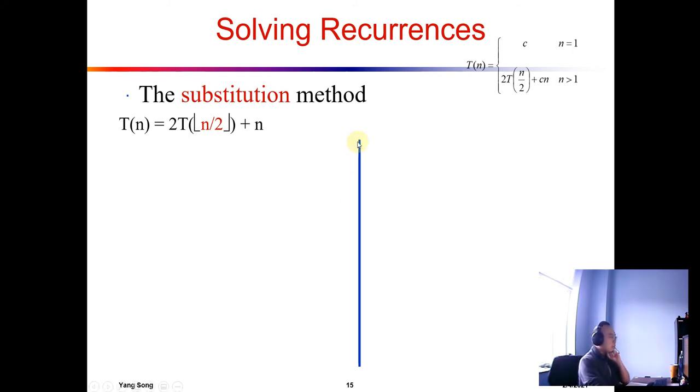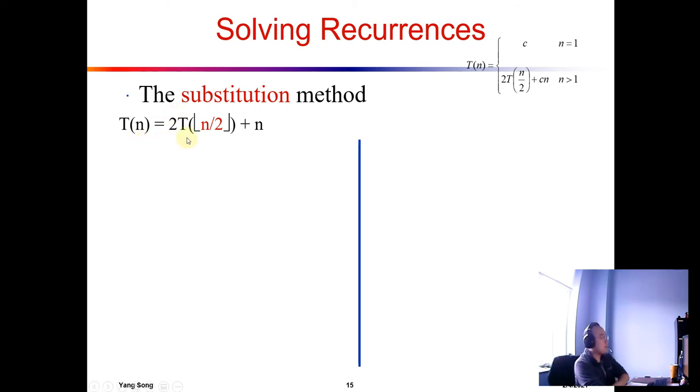Okay, so the very first thing is, we want to divide our working space into two parts. The left part is the real problem-solving part, and on the right part we are doing some scratch work to help us do the substitution. So the main part will be the left part, and we are solving T(n).